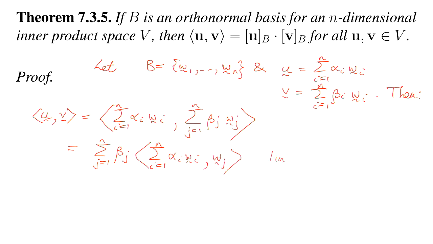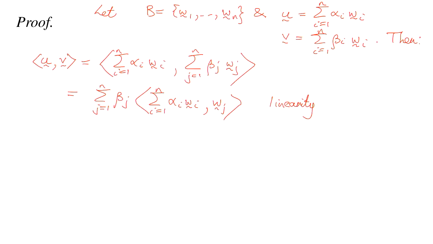Right, so this is linearity in the second argument. And then for each fixed value of j, I can use linearity in the first argument to drag out the alpha i. That's linearity again.